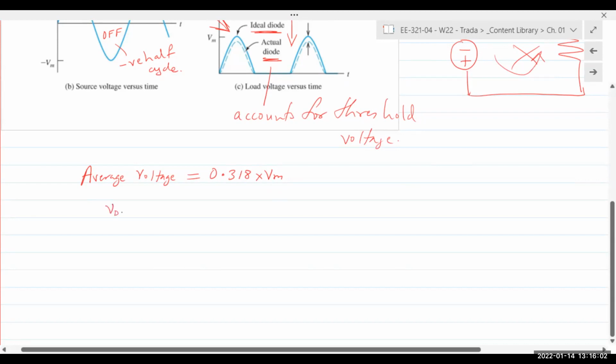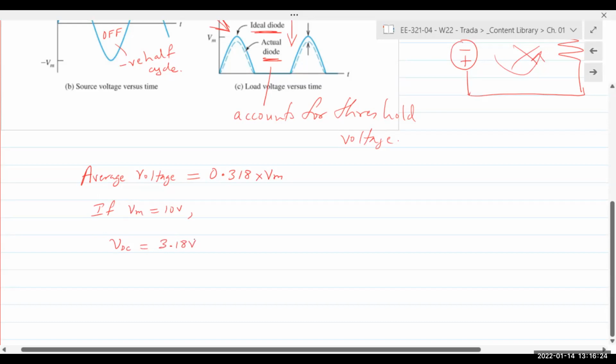So average DC value for a half-wave rectifier, if VM was 10 volts, VDC would be 3.18. So just think about it.